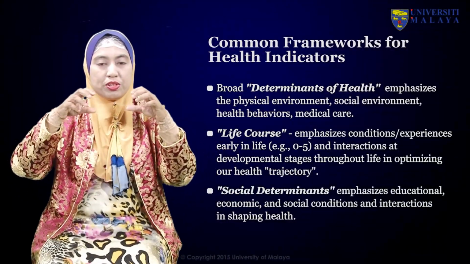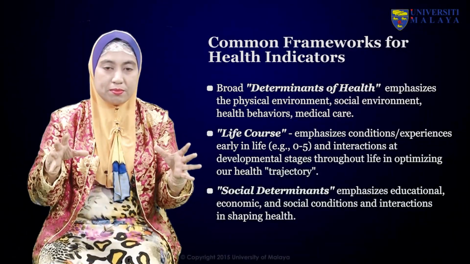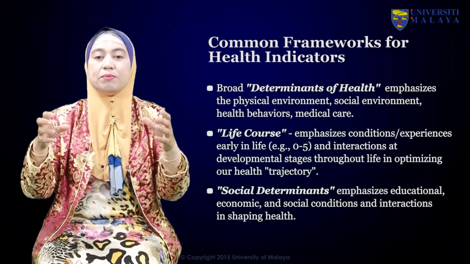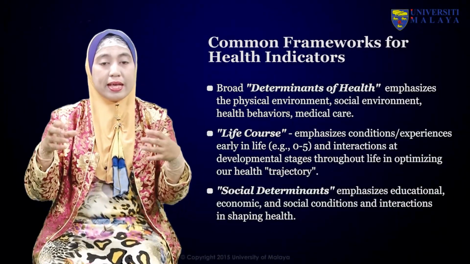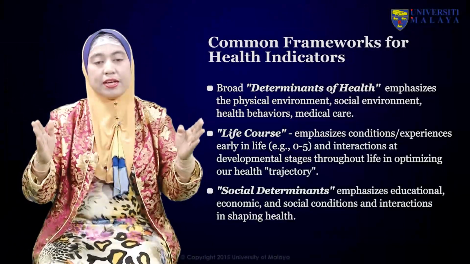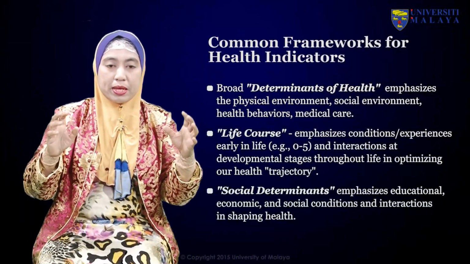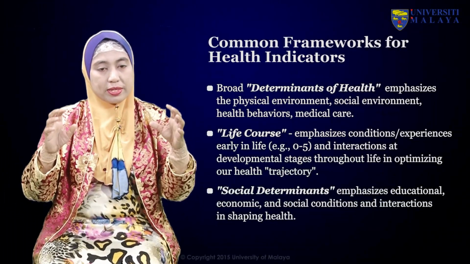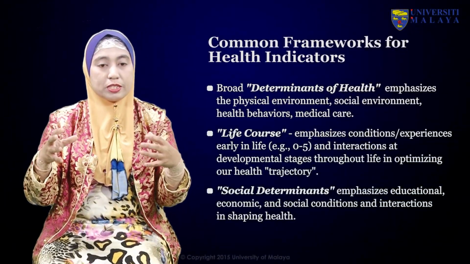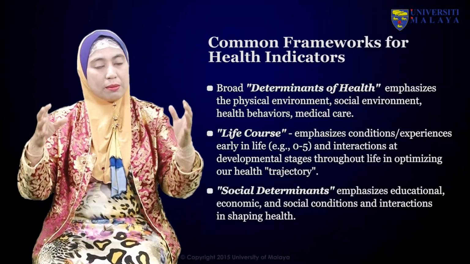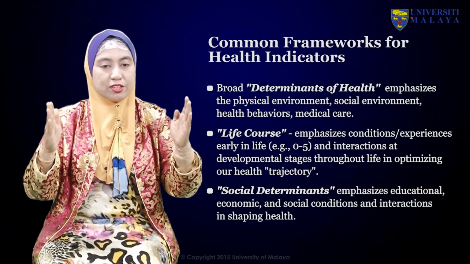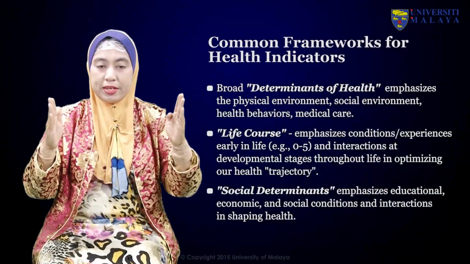So it will put emphasis on physical environment, social environment, and health behaviors, including the medical care and medical access that the population can get. At the same time, life course puts emphasis on conditions or experiences early in life. So sometimes we have to use this type of indicators in family health.